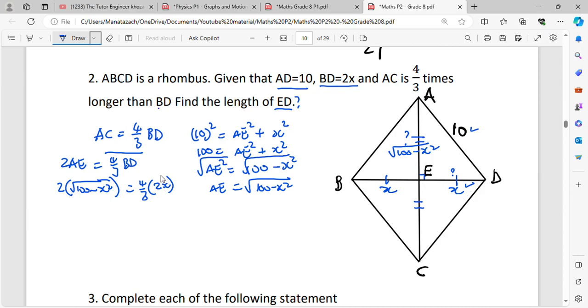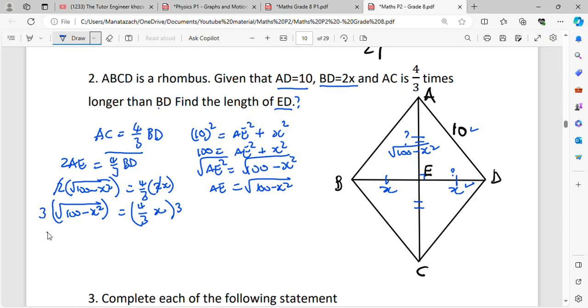First of all, 2 will divide with this 2 here, and then we'll remain with the square root of 100 minus x squared divided by 4 is equal to 4 over 3 x. From here on, we can multiply both sides by 3.